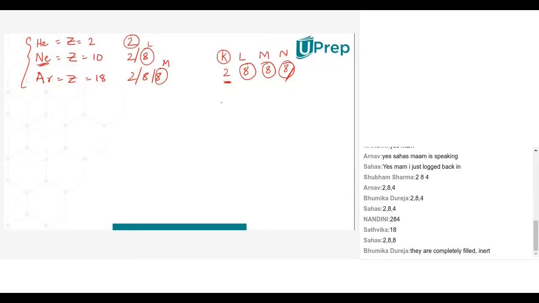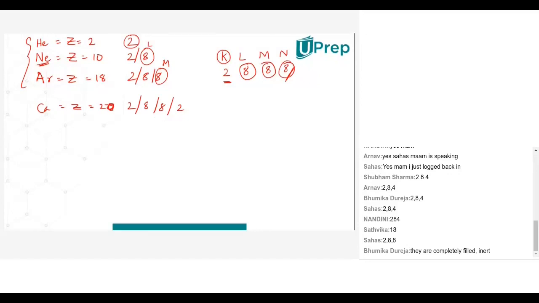So in order for an atom to be stable, it needs to have its outermost shell completely full. Okay. So if I write down calcium, atomic number is 20, and we know 2, 8, 8, 2. Now there are two ways in which calcium can get a complete outer shell.